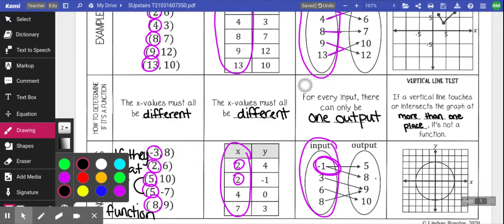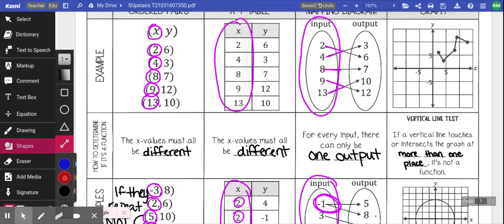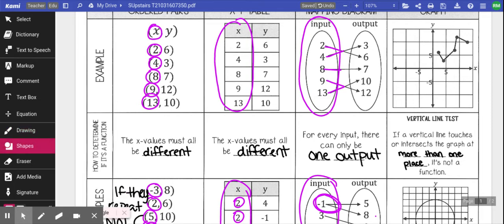So let's look at what this means. Let me actually get the line tool so I can make straight lines.